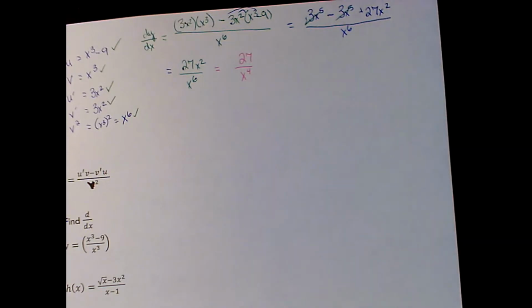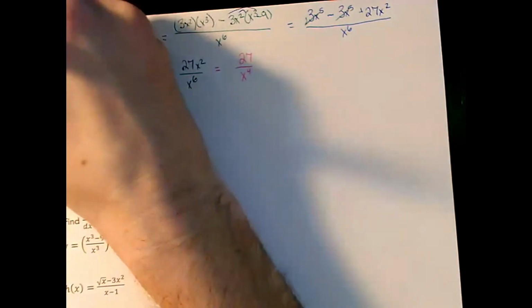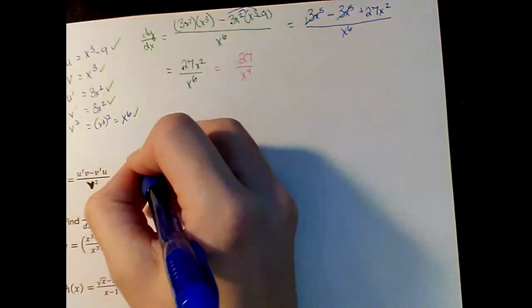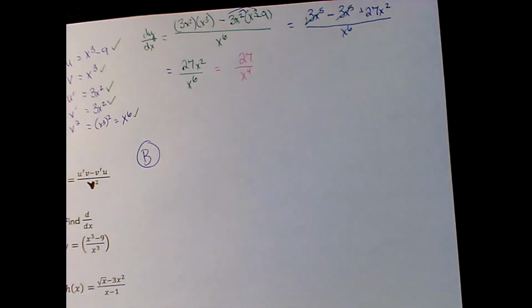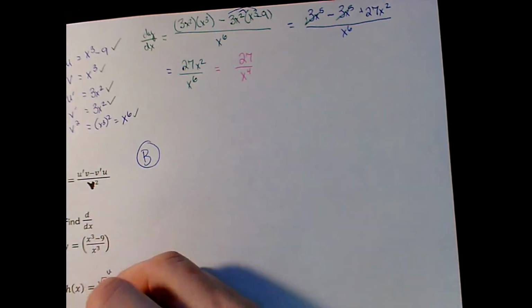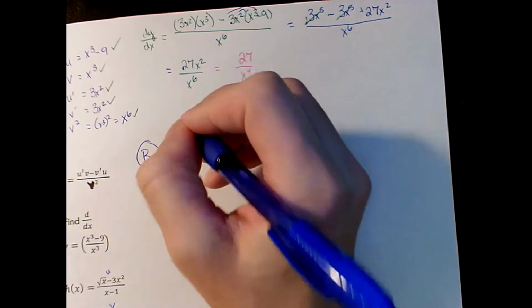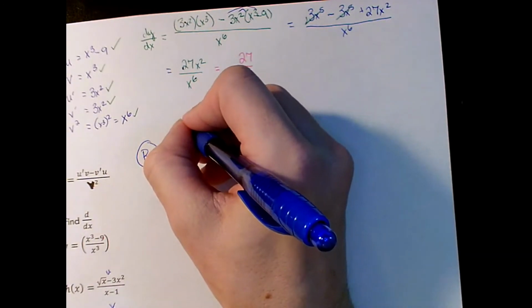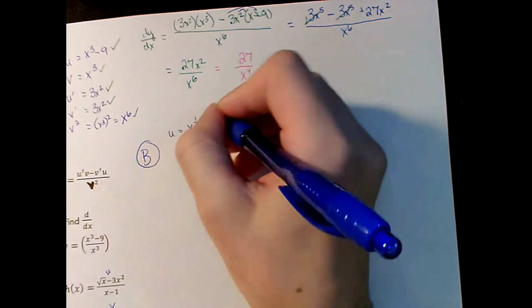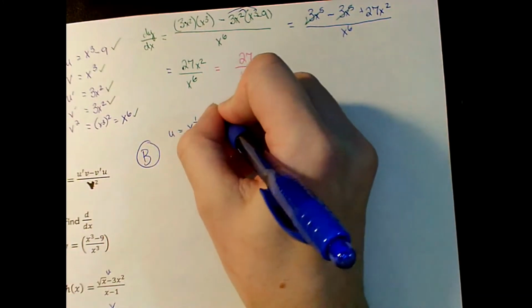All right. Let's take a look at B. That was A. Here's B. All this space to dance around, and I'm going to need all of it. All right. Here's my U. Here's my V. U is root x. So I'll change it to x to the 1/2 right now. Minus 3x squared.